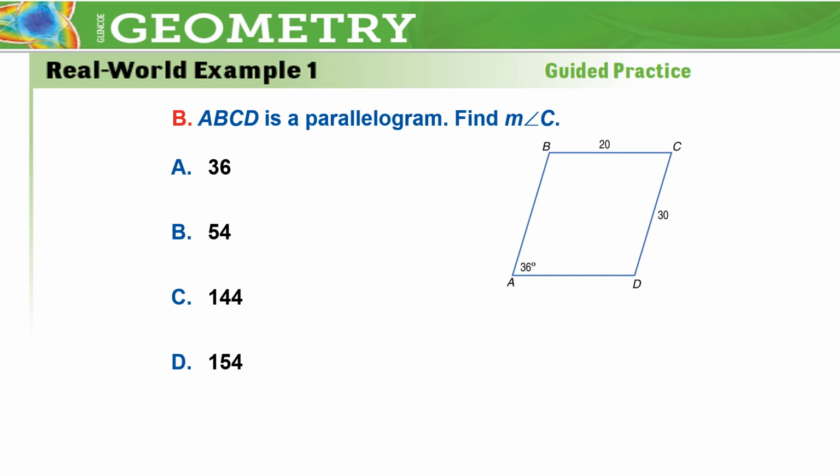ABCD is a parallelogram. Find the measure of angle C. The measure of angle C equals the measure of angle A. Why? Each two opposite angles are equal. Then if the measure of angle A equals 36, the measure of angle C will be 36.